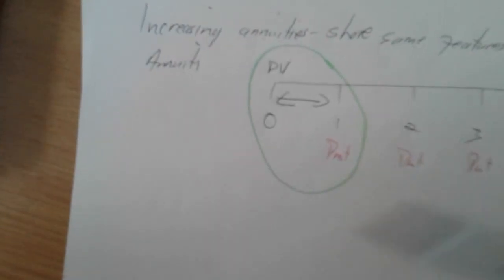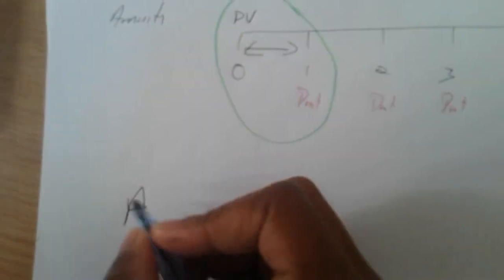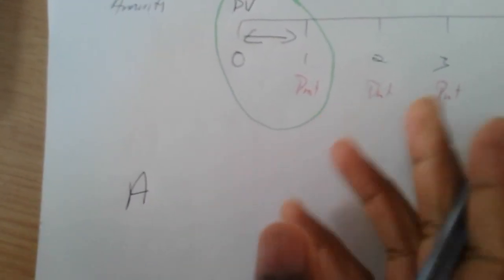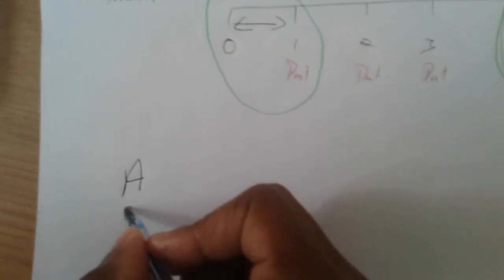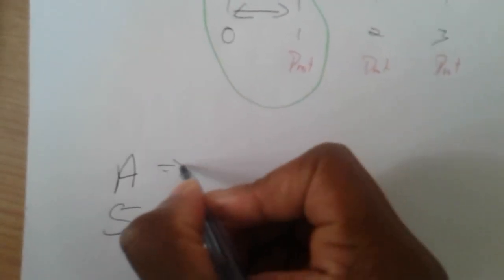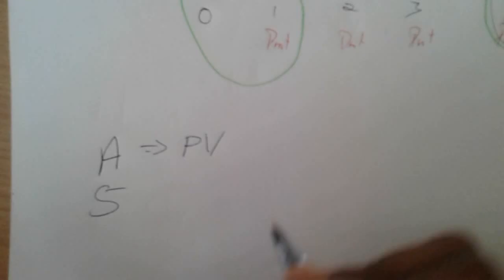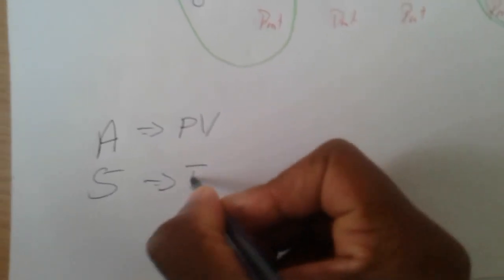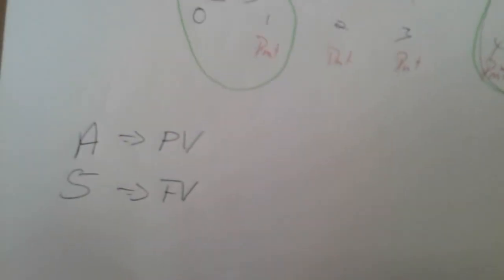So the formula for A, remember from your BC, we've got A, we've got S, and A is the present value and S is the future value. So remember this, A is the same as present value, S is the same as future value.